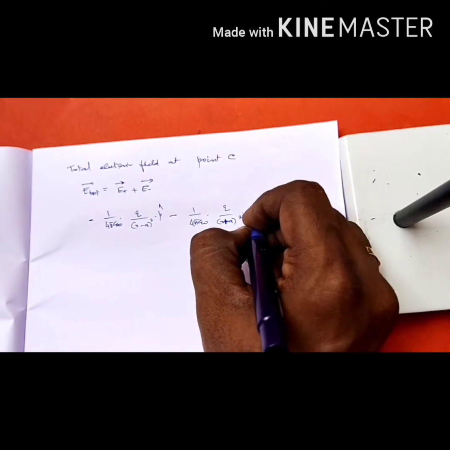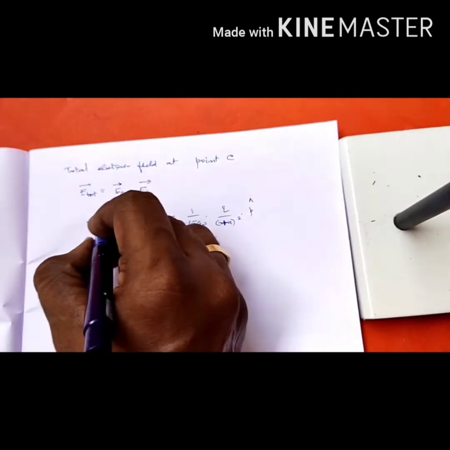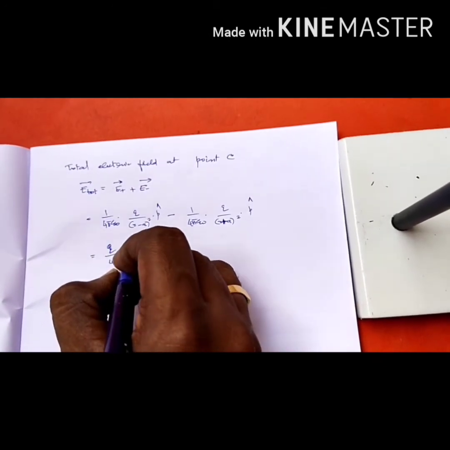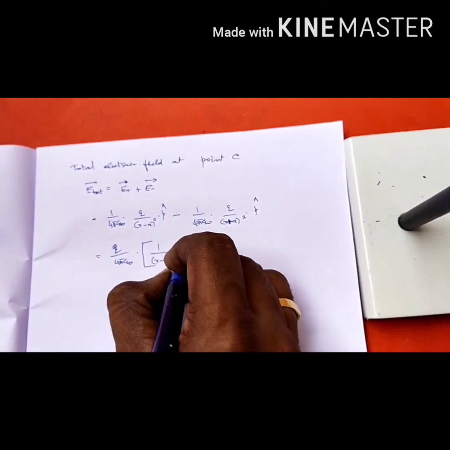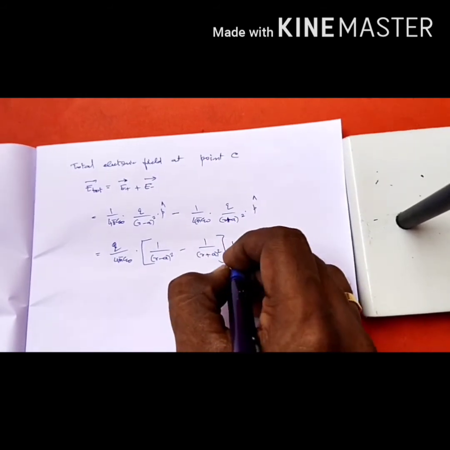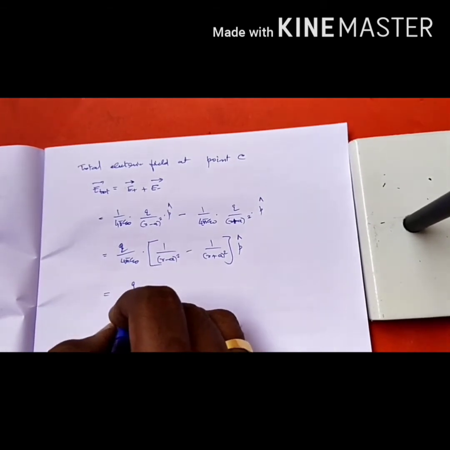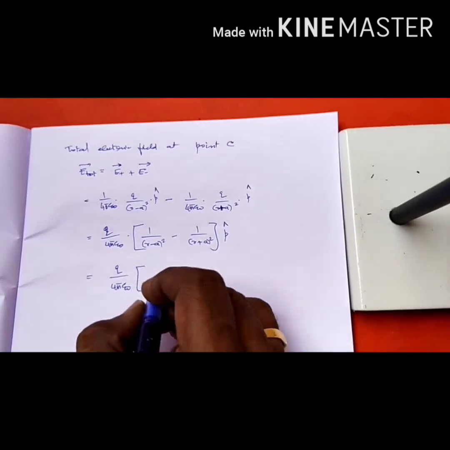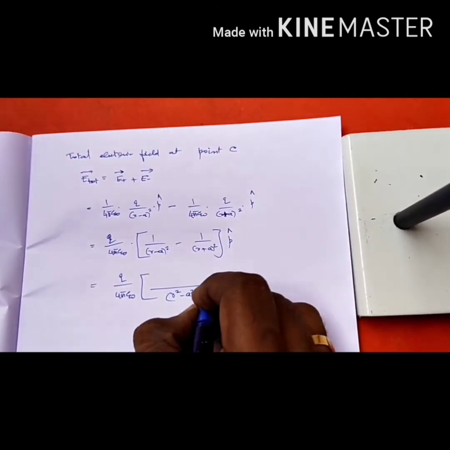Now take the common terms outside. Q by 4 pi epsilon naught into 1 by r minus a whole square minus 1 by r plus a whole square into p cap. Simplifying, q by 4 pi epsilon naught, take the LCM, multiply the denominators, you will get r square minus a square whole square.